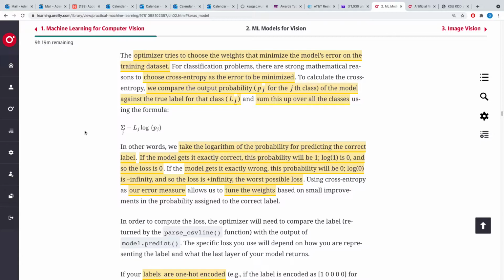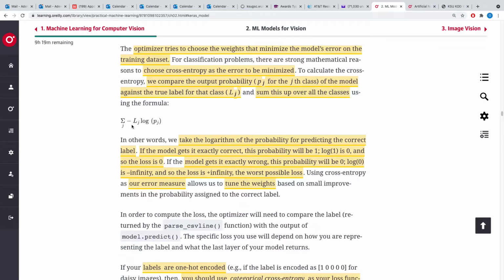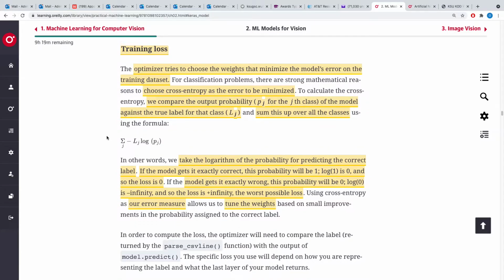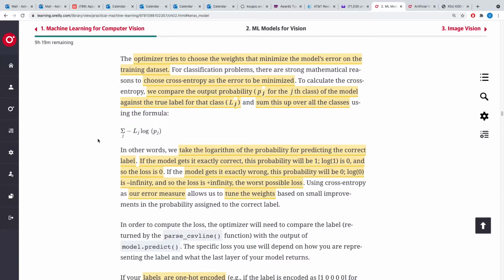So you take the log of the probability, you multiply that with the true class, and you sum up over all the classes. That's essentially how you calculate the training loss. For every forward propagation, you do that over all the different instances in a batch.